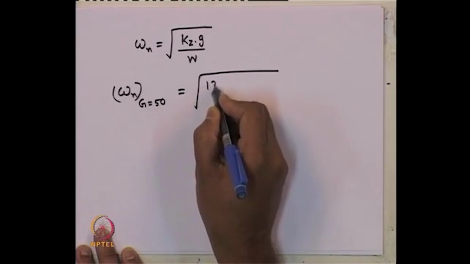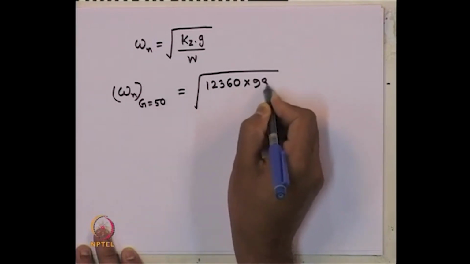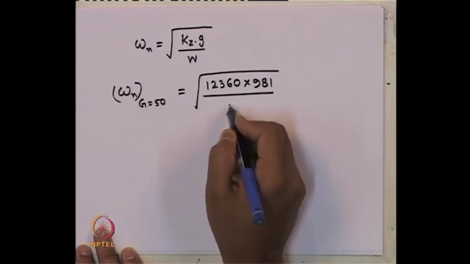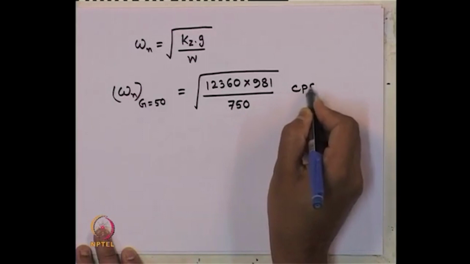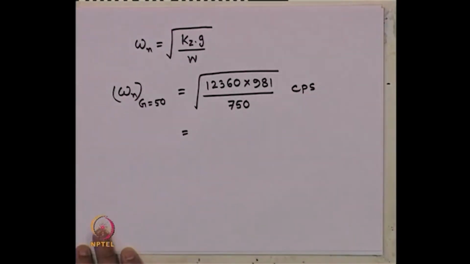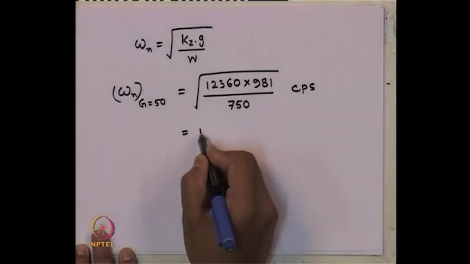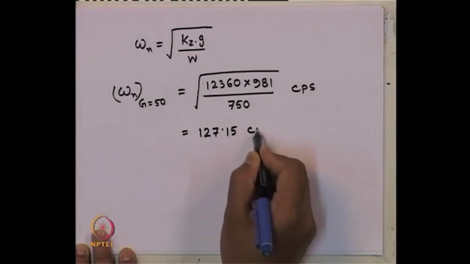So, 12360 into 981 by 750, so much of cycles per second. If we calculate this, it is coming 127.15 CPS.